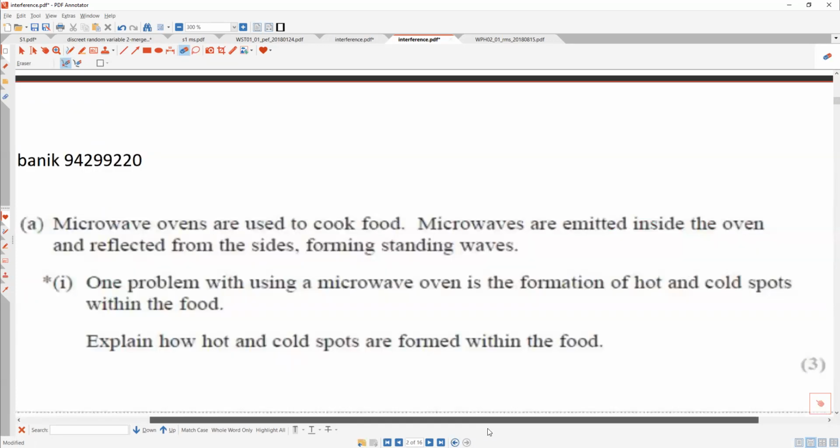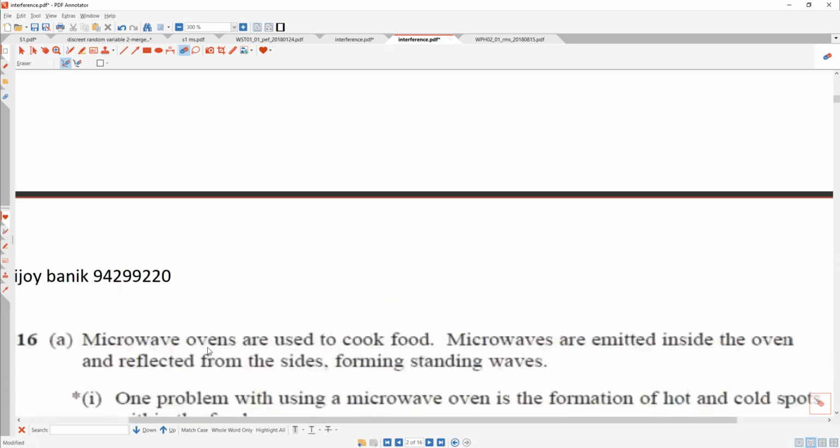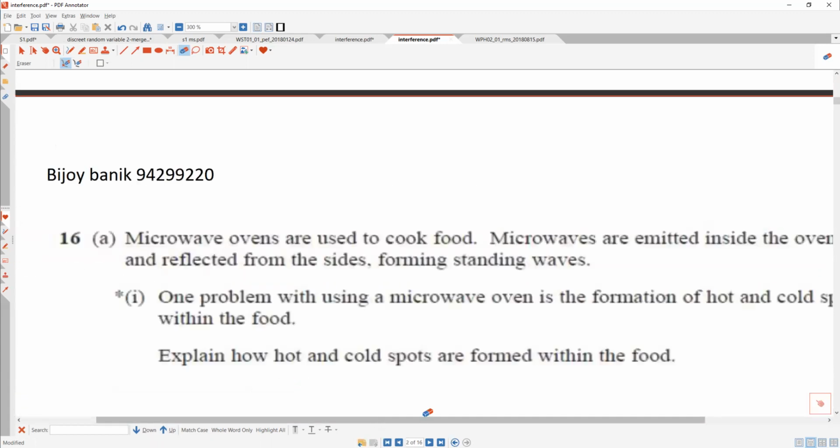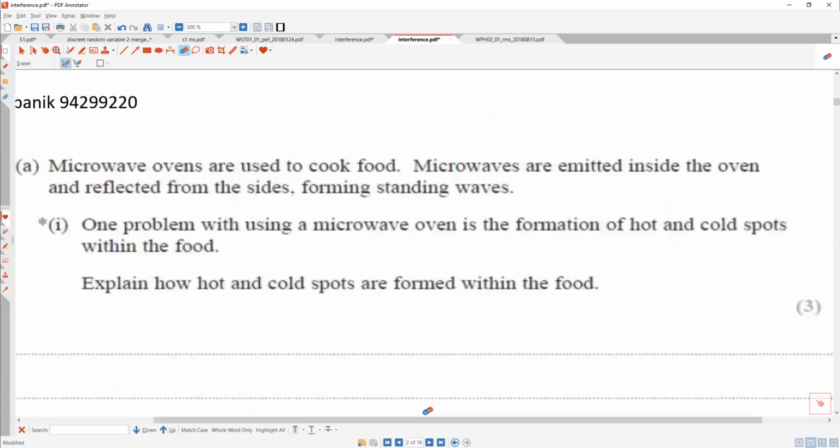Okay, now the microwave oven is used to cook food. Microwaves are emitted. It is October 2017. Microwave ovens are used to cook food. Microwaves are emitted inside the oven and reflected from the sides, forming standing waves.